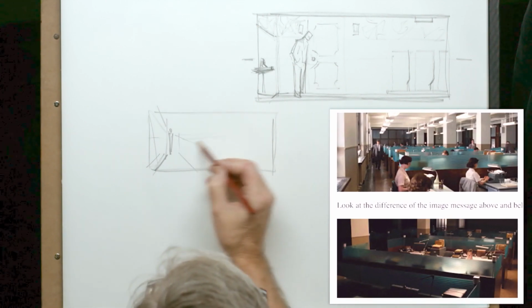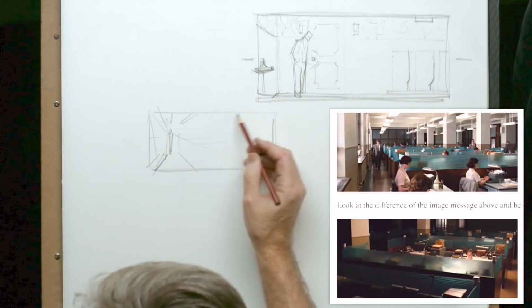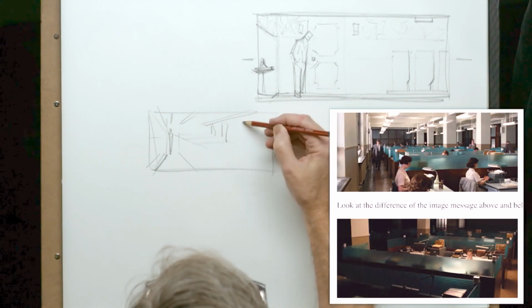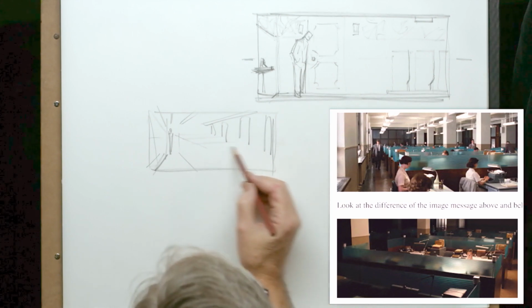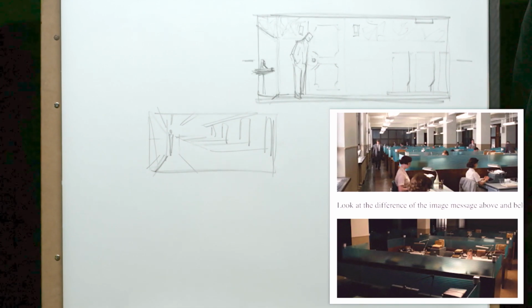These all coming out like this. The lights, more lights, columns, and so on, okay? So all of these things are kind of pushing you back towards this character here.